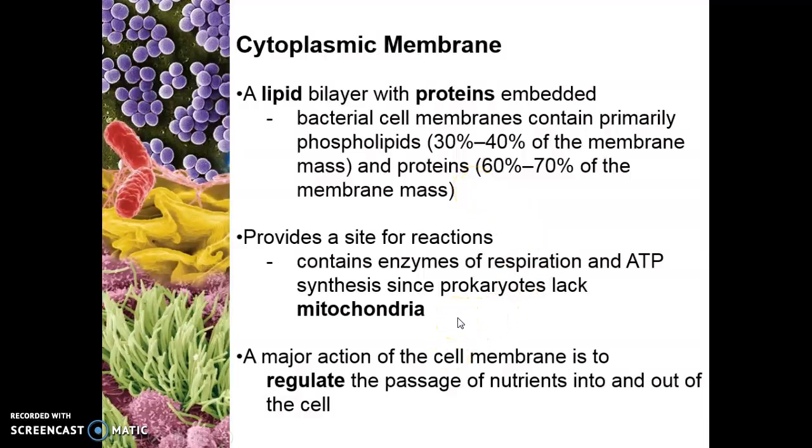Two important features or functions of the cytoplasmic membrane. Prokaryotic cells do not have mitochondria. In the eukaryotic cell, mitochondria are going to be the location for the process of the electron transport chain, where cells are going to create and harvest energy in the form of ATP.